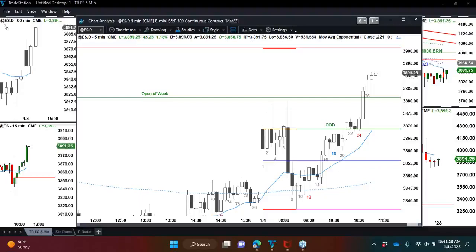I'm looking to buy a pullback. It's hard for me to ignore the size of the opening range. Makes me less confident that we're going to break to the upside and get a measured move of this entire range. That means that I think this has a lot of influence over the market, and the market's probably going to have to pull back.